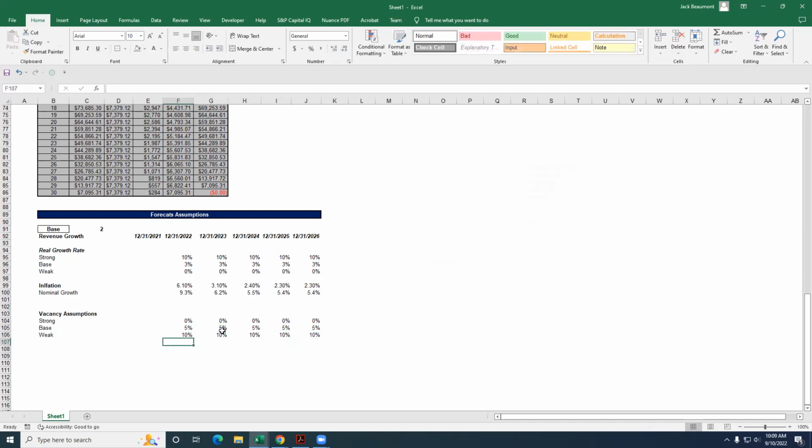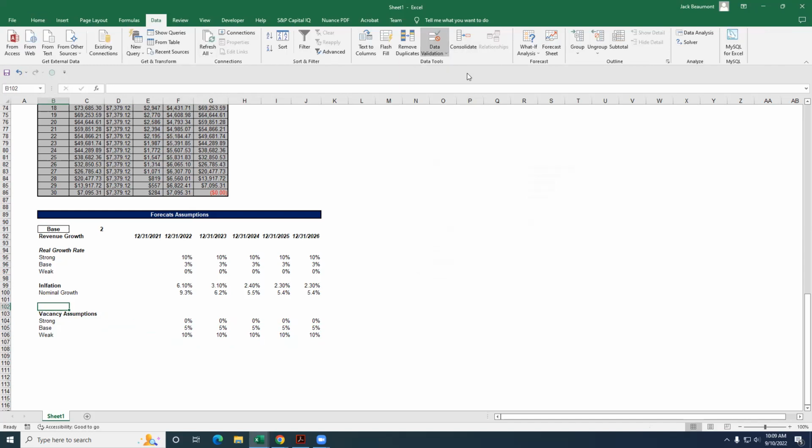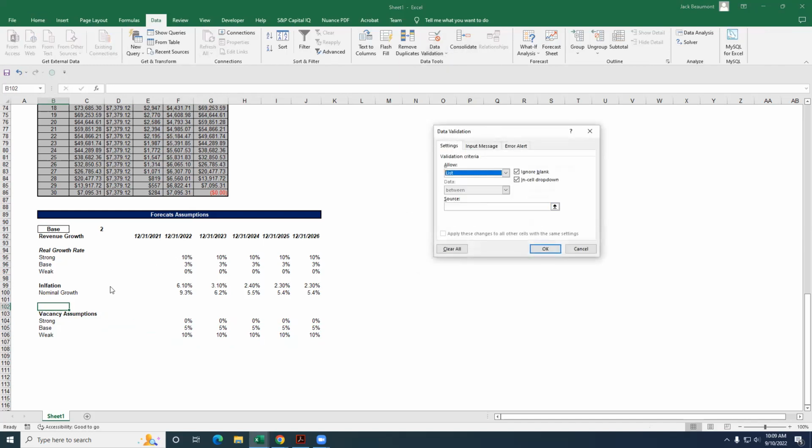Then we're going to build the same thing here. It's going to be data validation. It's going to be a list. Source it from there.